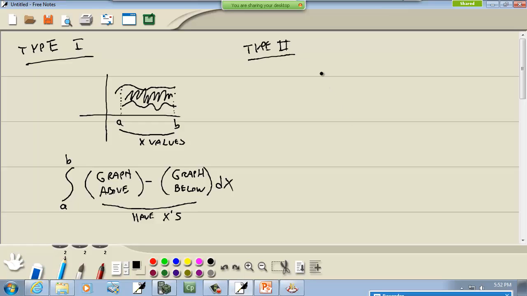And then we have type 2. And so I got a graph there. Got a graph here. And come over to here. This is my A and this is my B. Of course, these are my Y values.